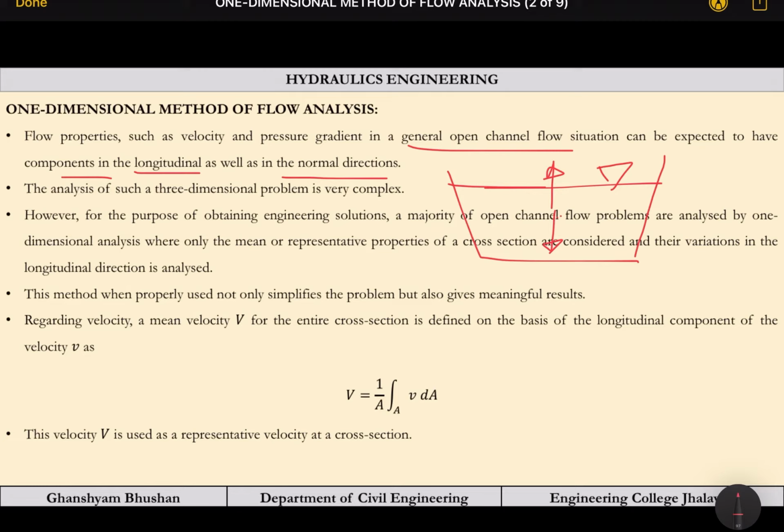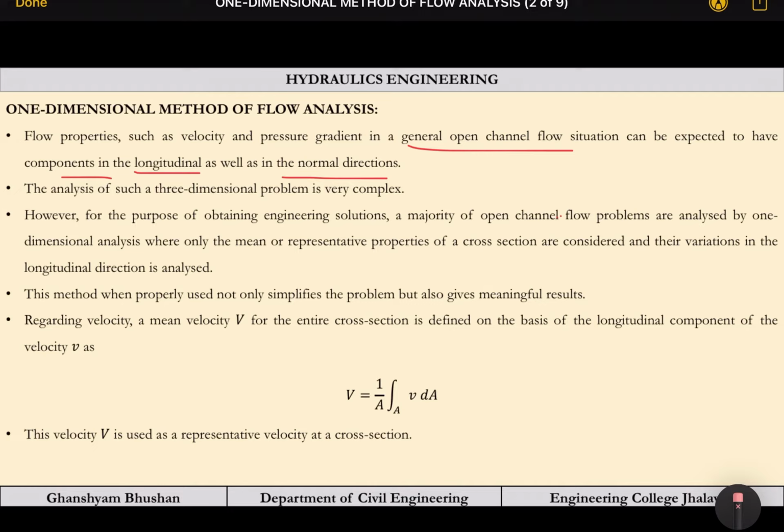So that's why, for the purpose of obtaining engineering solutions, a majority of open channel flow problems are analyzed by one dimensional analysis, where only the mean or representative properties of a cross section are considered and their variation in the longitudinal direction is analyzed.